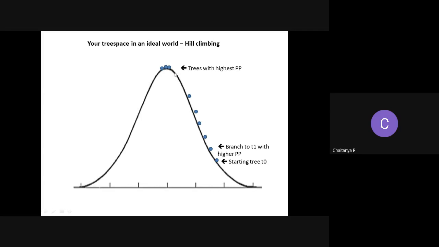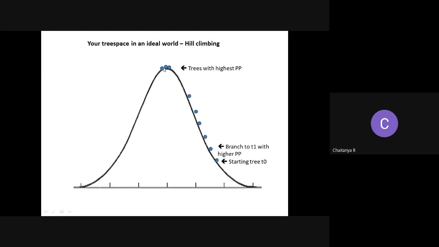Okay, so basically your Markov chain is climbing this little hill till it reaches this peak. Okay, and then it's going to sample the trees in this peak, assuming that all these trees have very similar posterior probability. It's going to sample the tree space at this peak, right?